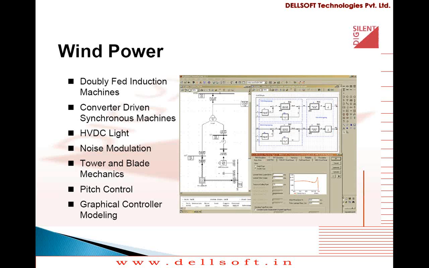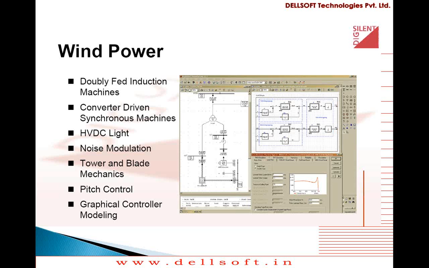We can do graphical control modeling. We can import a graph and do our calculations based upon that. That type of input can be given to our wind power or wind turbines used in our networks. So these are some wind power and wind turbine features included in this software.